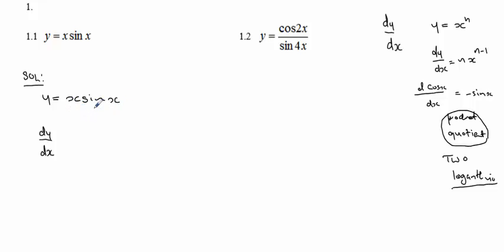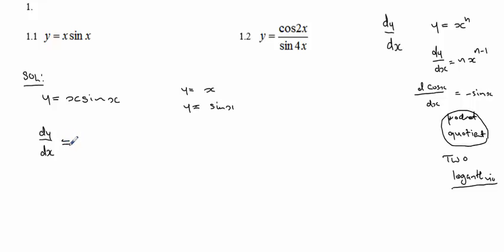But as you can see, we've got two functions here: y equals x, and another function y equals sine x. So we've got two functions, which is the situation that fits the product rule very well.